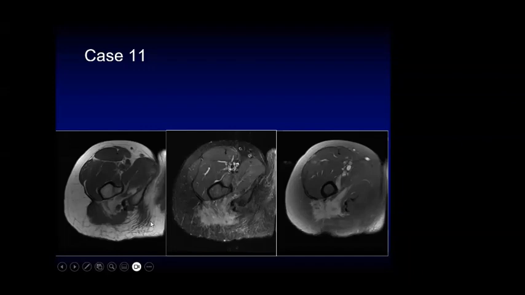Also, the topic of our lecture today is soft tissue tumors. I think we already covered ischiofemoral impingement in the previous talk. If we look at the tumor in the muscle, it is hyperintense on T2 fat saturated.